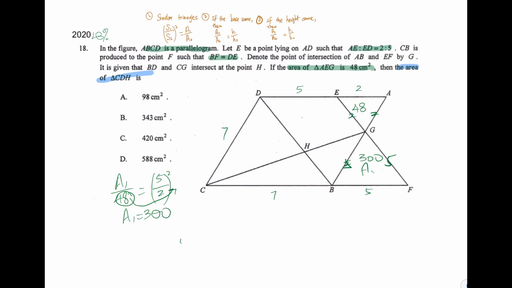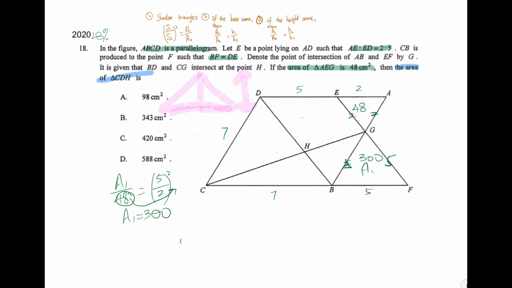So let's continue. Here we have 300 now, we have 48 now. What else can we find? It should be something next to them, right? Something next to them. So the thing next to them is, what I can see is actually same height different base triangle. See here, this style. We have two types of them. This one, yeah, so they have same height, just different base.